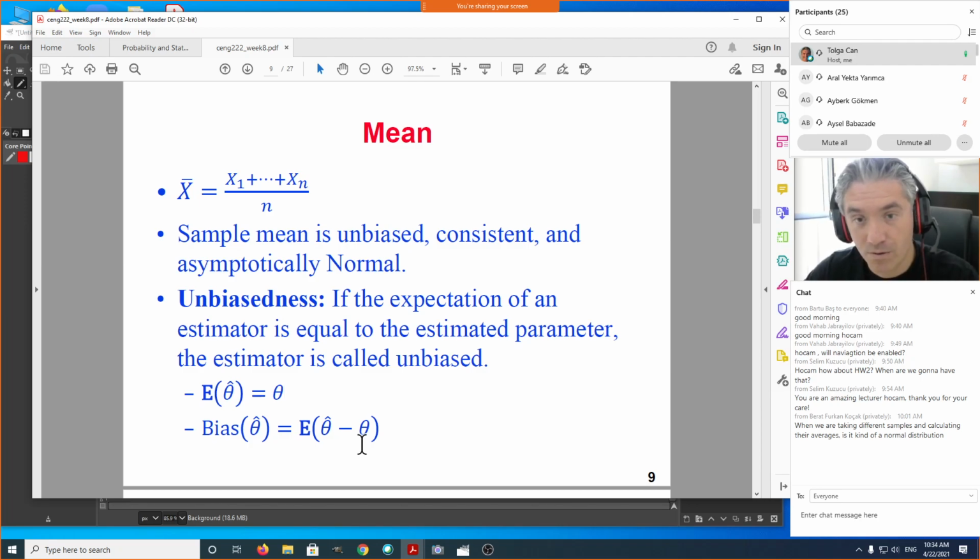If you think about mu, mu is some fixed population parameter. Mu doesn't change. We may not know what mu is, but mu is not a random variable. Therefore, the expected value of mu is equal to mu. If the expected value of theta hat is also equal to mu, this minus this is going to be 0. So unbiasedness means that the expected value of this thing is equal to 0.